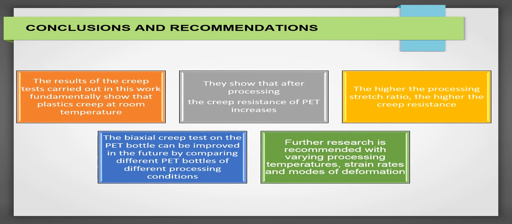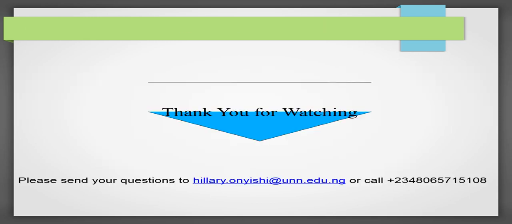Finally, further research is recommended. This can be done by varying the processing temperatures, the strain rates, and the modes of deformation. Moreover, the biaxial creep test can be further explored by having different PET bottles with different processing conditions and comparing their biaxial creep test results.